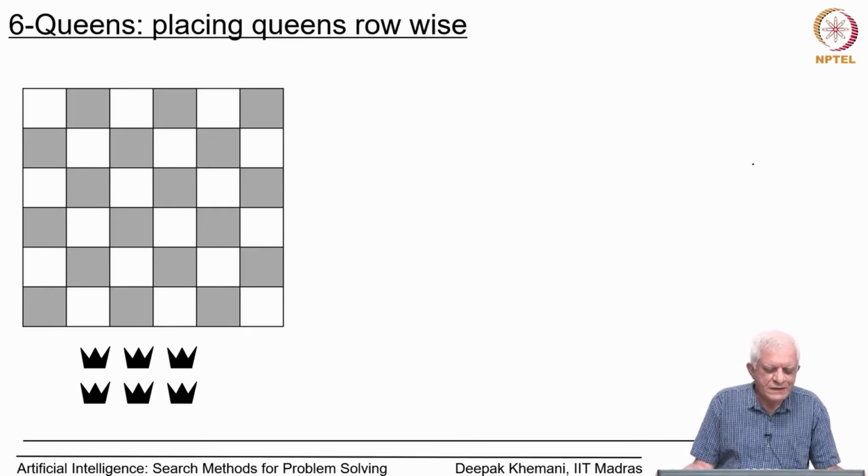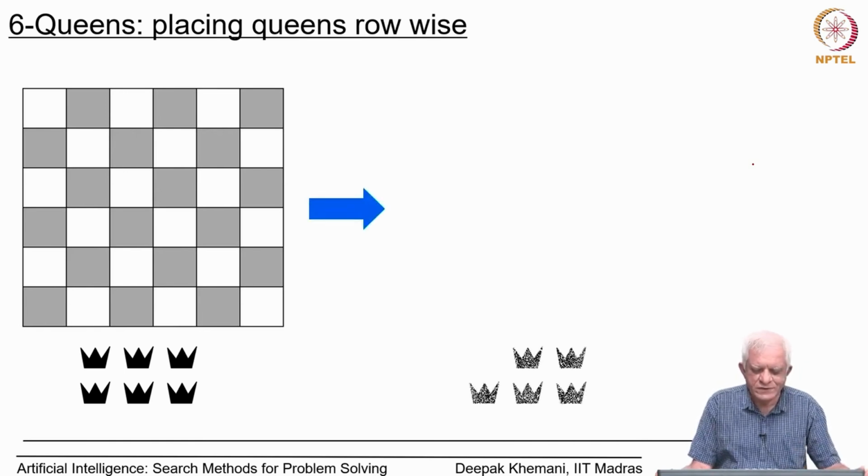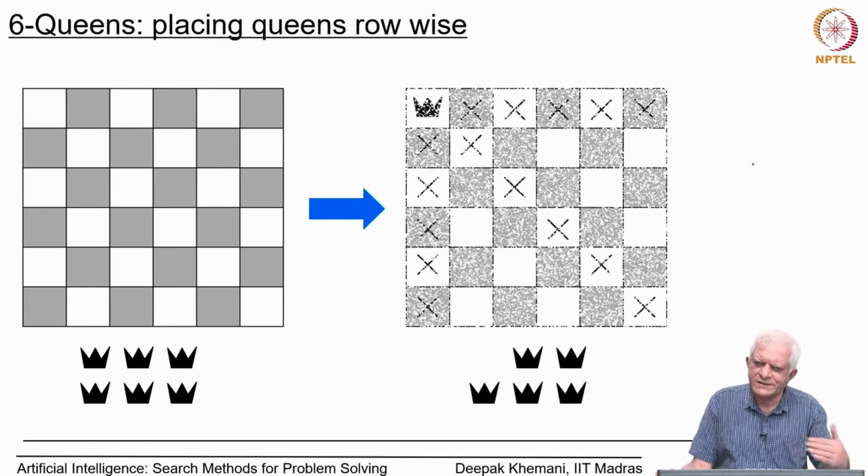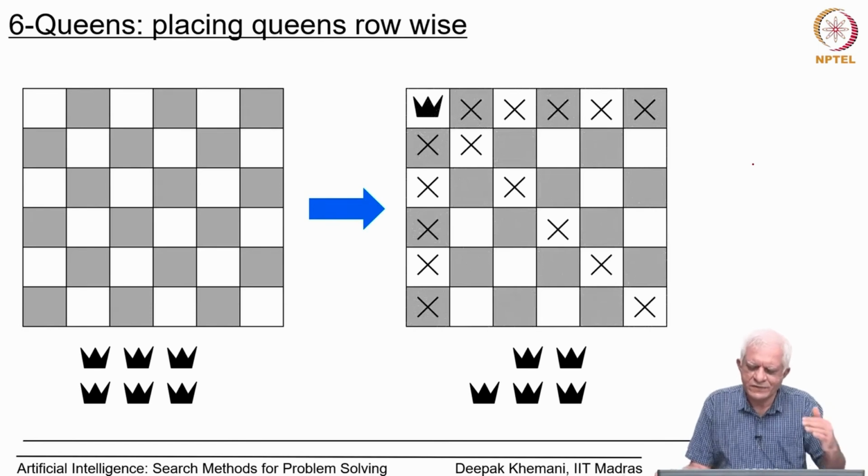So, the way we will do this is we will keep placing one queen at a time, and after we place every queen, we will do a certain amount of reasoning, which is as follows. So, we will place the queens row wise. So, first in the first row, then in the second row, and so on.